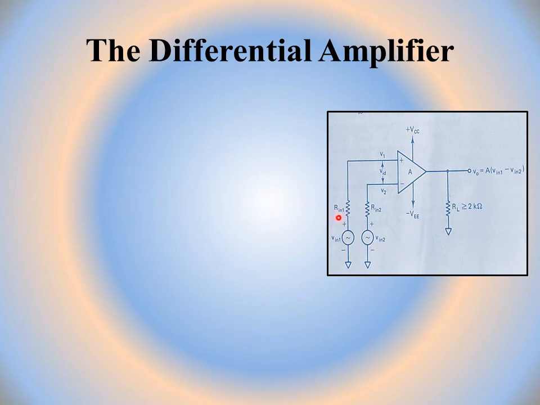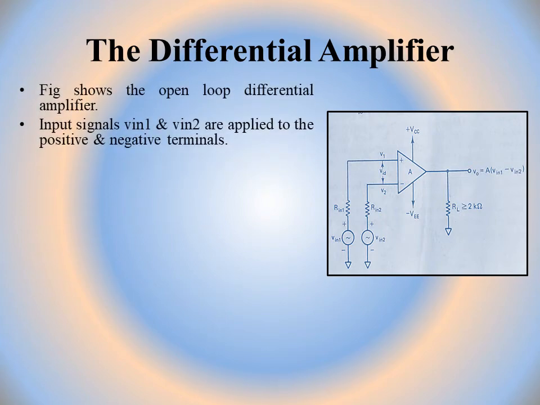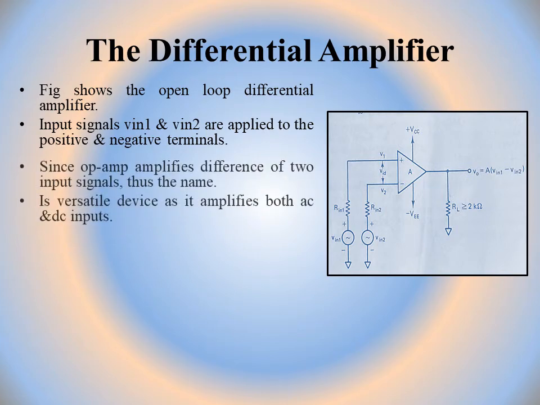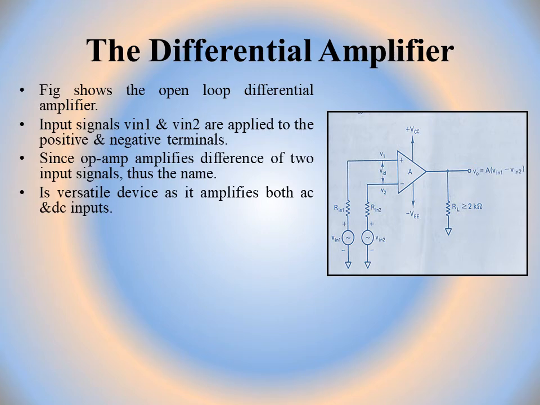These are input resistances. The figure shows an open loop differential amplifier. The input signals VIN1 and VIN2 are applied to the terminals. Since the op-amp amplifies the difference of two input signals, it is named a differential amplifier.